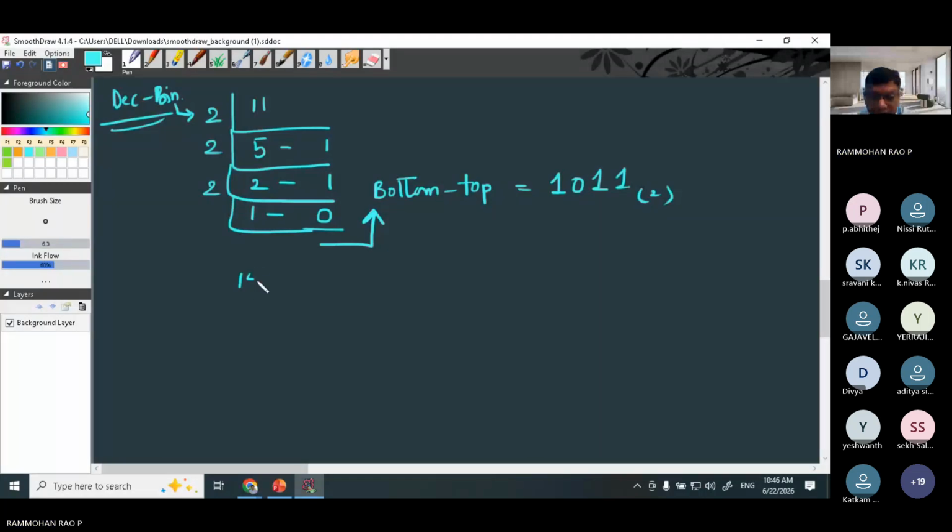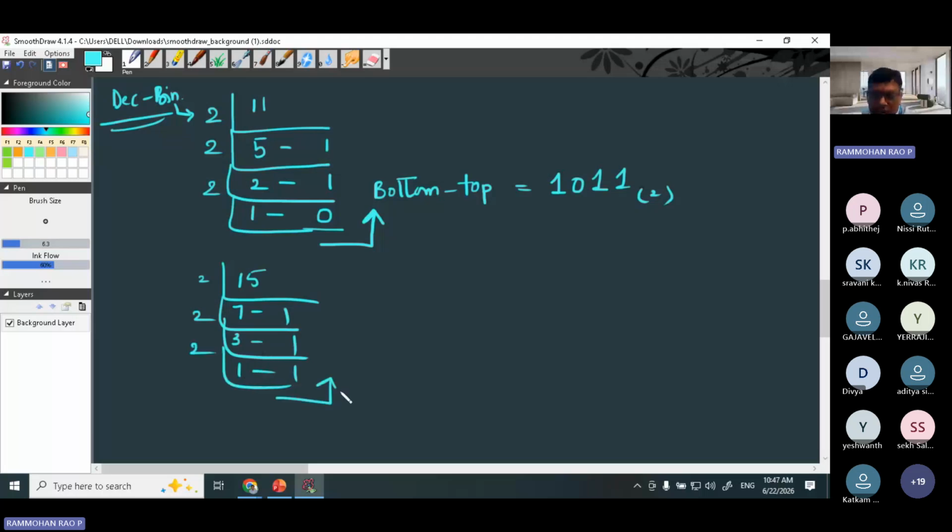The other example, 15. 2 7s are 14, remainder 1, 2 3s are 6, remainder 1, then 2 1s are 2, remainder is 1. Collect the answer in the reverse direction. It is 1111. Maybe in this case, if you collect the answer from top to bottom, you get the same answer. But remember, you need to collect the answer from bottom to top only. Right?